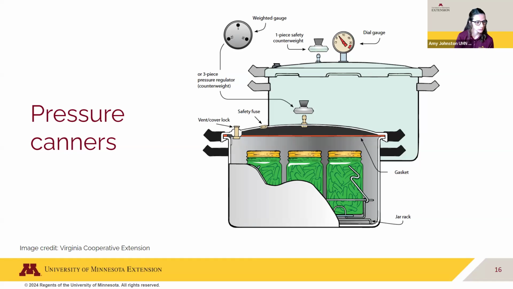And there's also a safety feature, either called a safety fuse or a counterweight, on many of these. The jar rack, using the correct amount of water and then having that tight seal all impact what's happening inside the pressure canner.